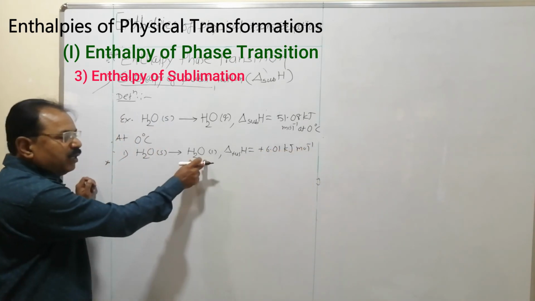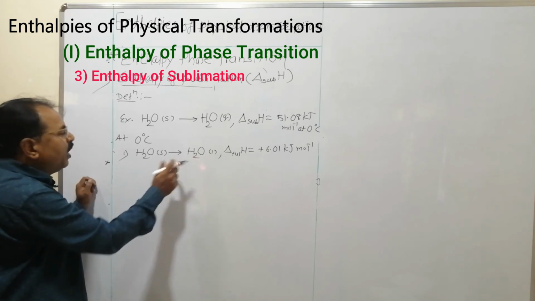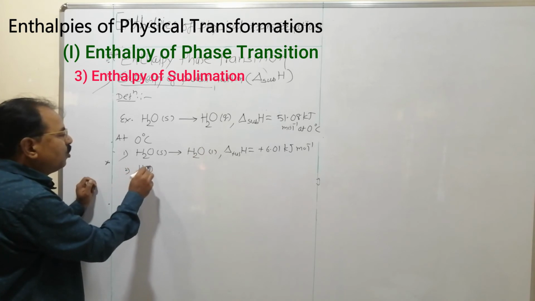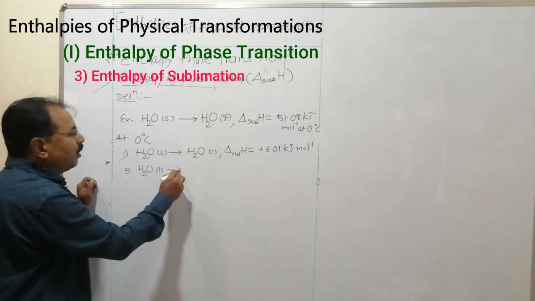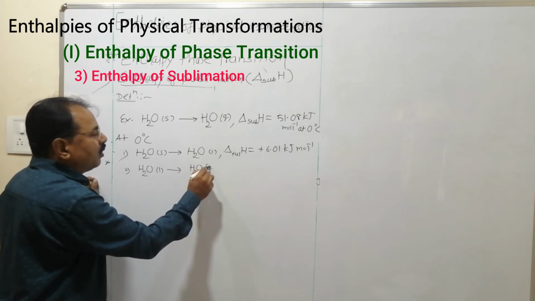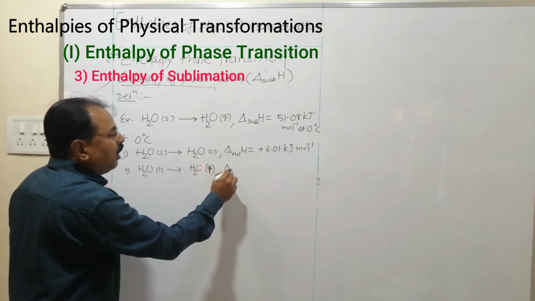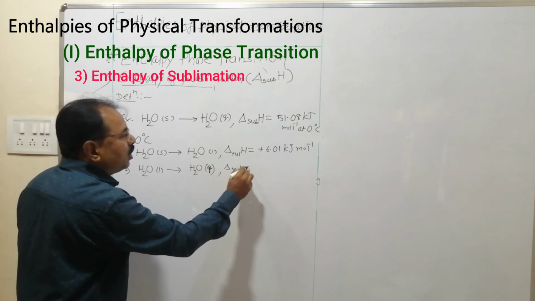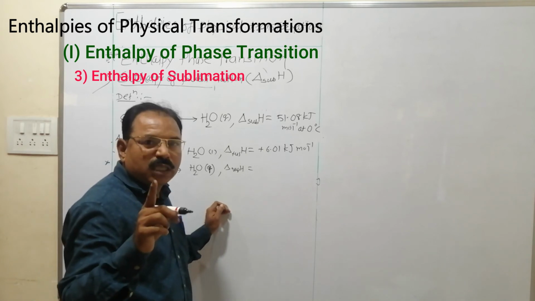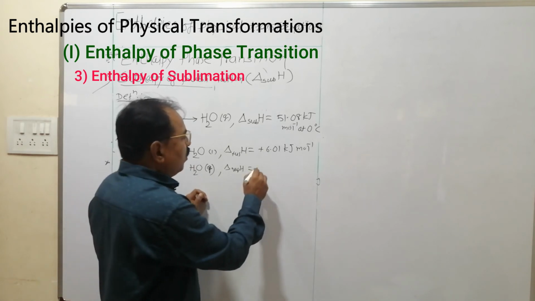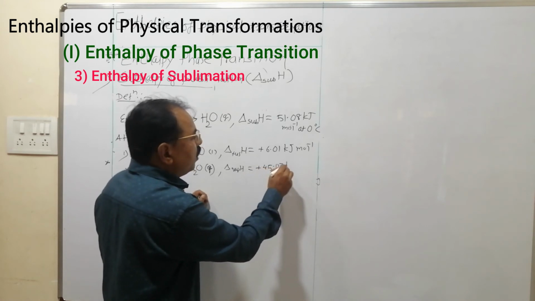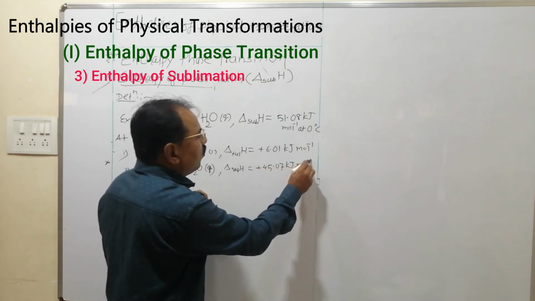And in second step, this is the vaporization of liquid. This is second step, vaporization of this liquid water, H2O liquid converted into vapor state of water, delta VAP H is equal to 45.07 kilojoule per mole.